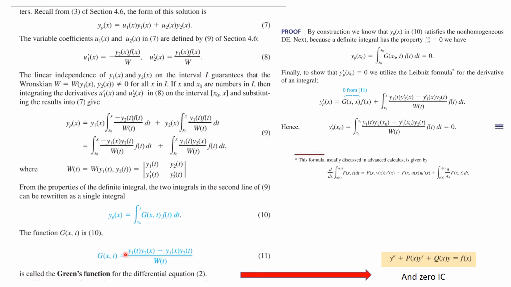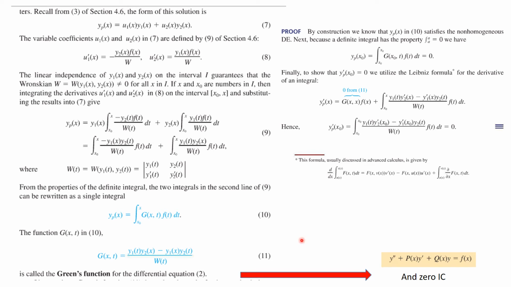And so here is what g of x,t must be. So that is how we get a Green's function for this. This is called the Green's function for the differential equation that we were trying to deal with. Now, we know, because we did variation of parameters, it's going to satisfy this equation, because that's what variation of parameters does.